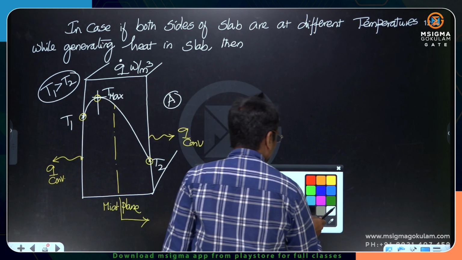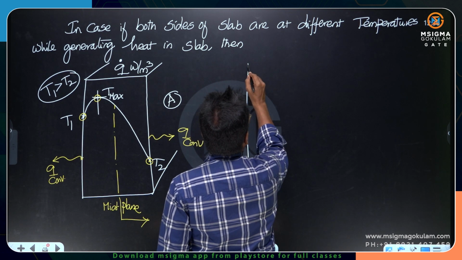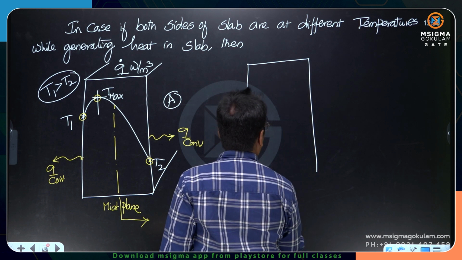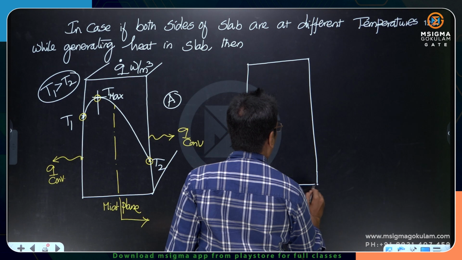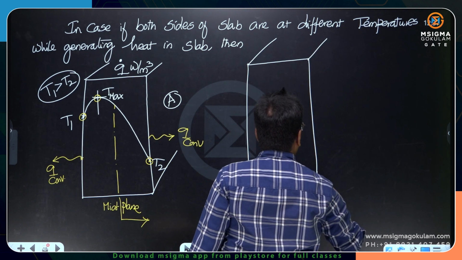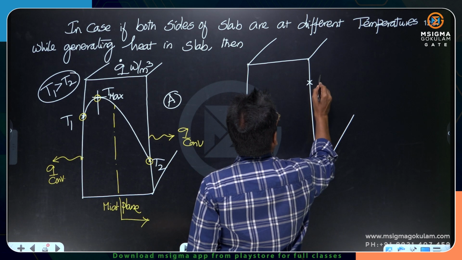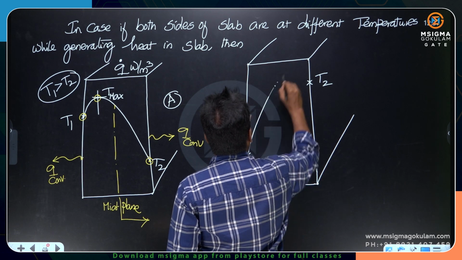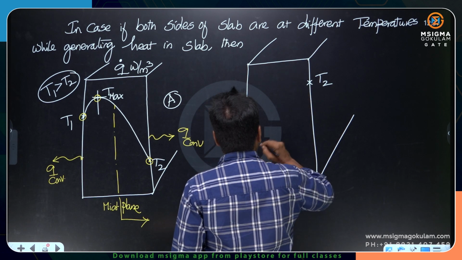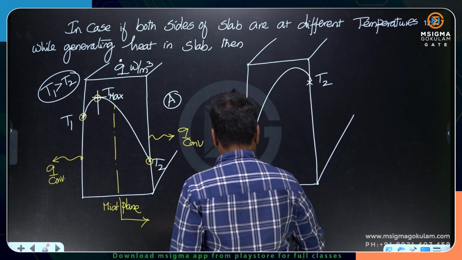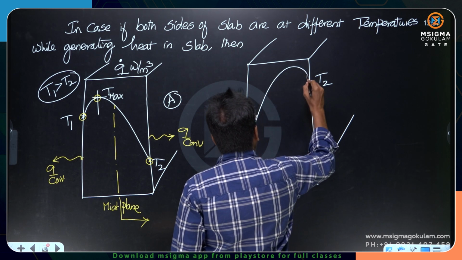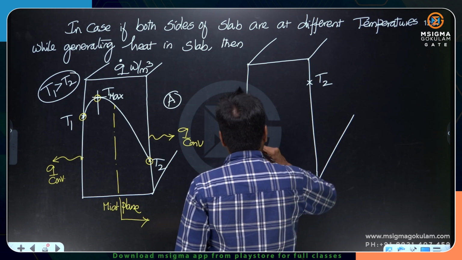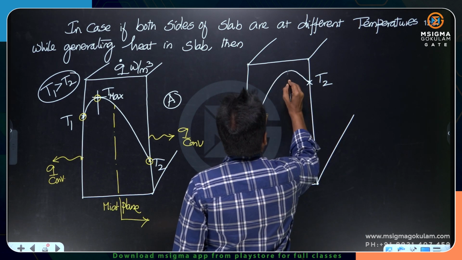In case both sides of the slab are different, but the right side temperature is more than the left side temperature, say T2 is greater than T1, then you see the maximum temperature in the right half.